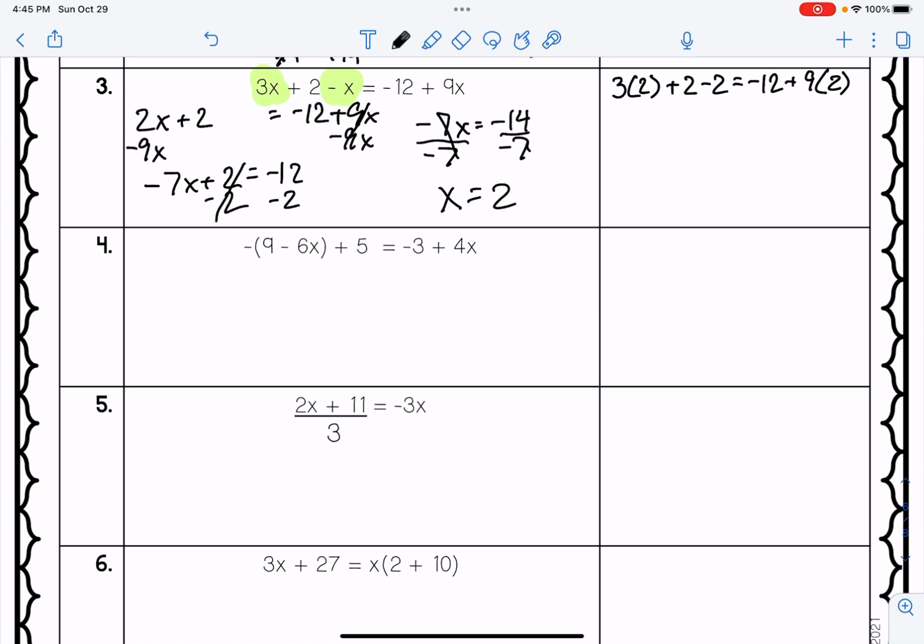So 2 minus 2 will just whisk away for us there, and we get a 6 equals negative 12 plus, well, 9 times 2 is 18. Negative 12 plus 18 is 6. We get the same thing, a true statement. Our equality was maintained, so it checks off. X equals 2 was our correct solution.